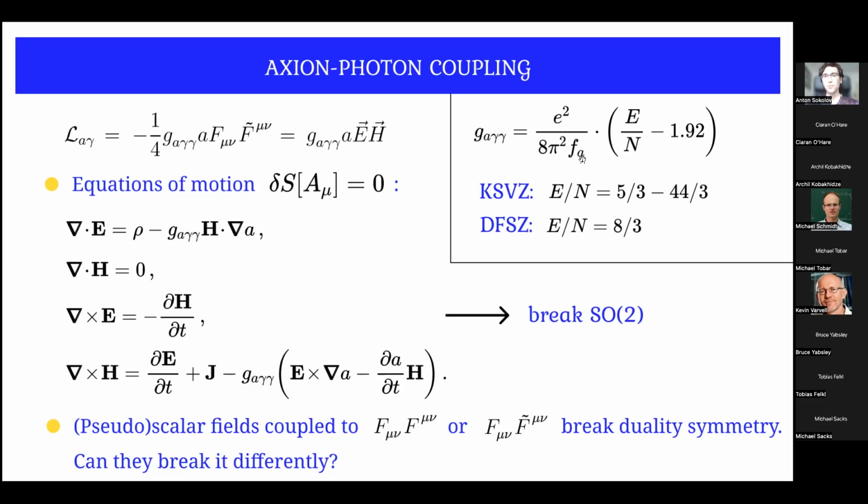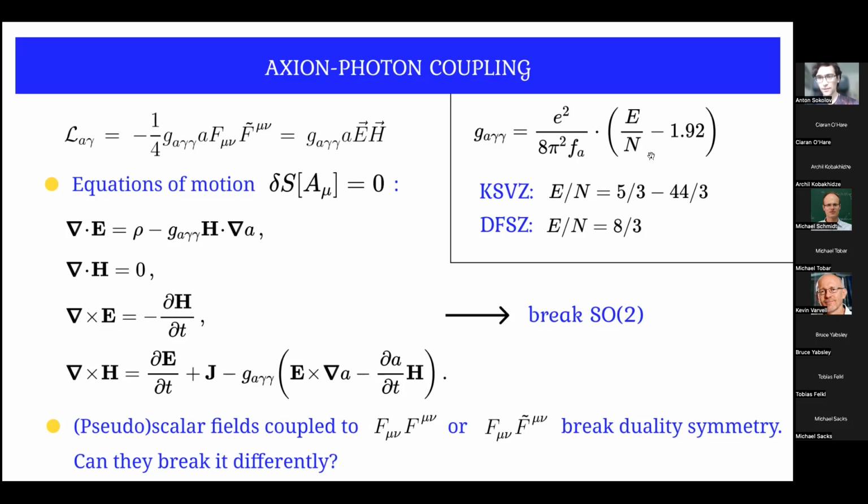This axion decay constant is proportional to some high energy scale, and here we have this famous structure E over N, where E and N are anomaly coefficients, so they are whole numbers which can have different values depending on the exact model we consider. There are two main families of models, KSVZ and DFSZ axions, which yield slightly different E over N ratios.